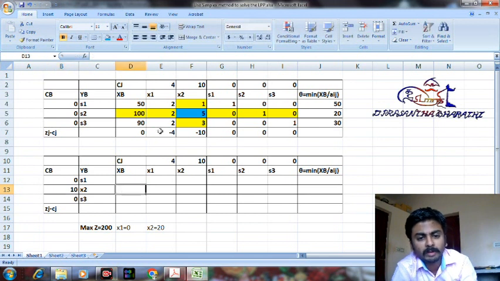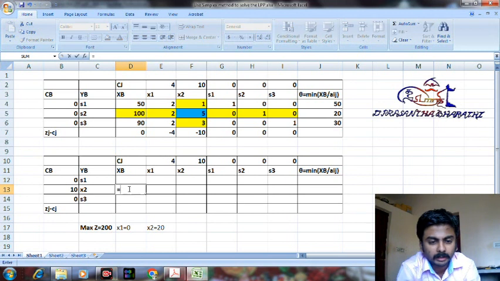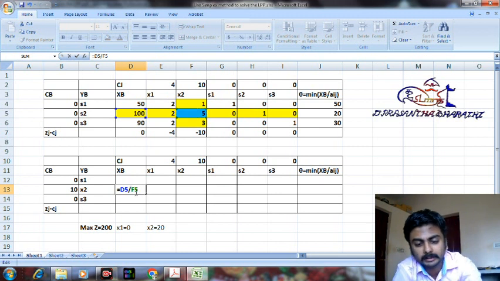Now we want to divide this entire row by this pivot element. So I am using the formula equal to this element divided by this pivot element. All these values should be divided by the pivot element, so I am locking this pivot element.